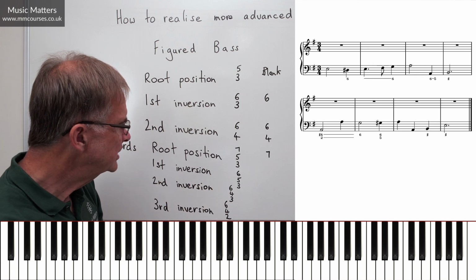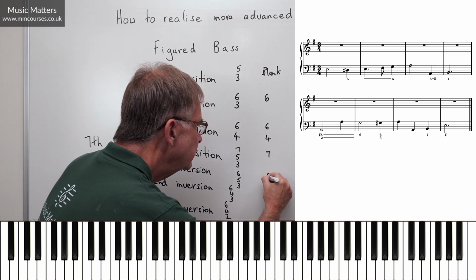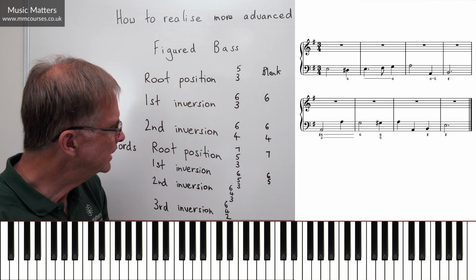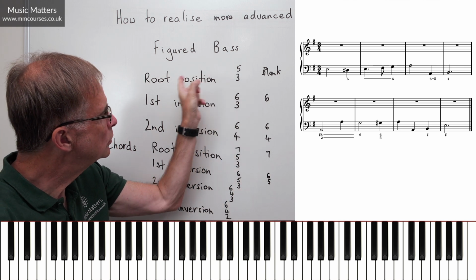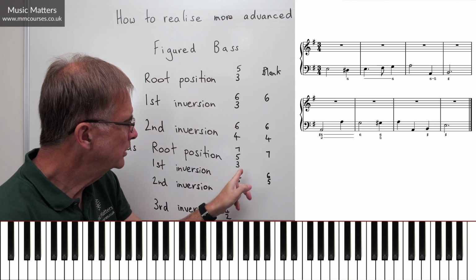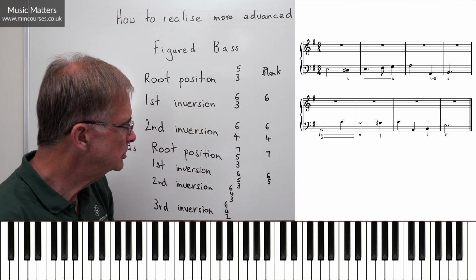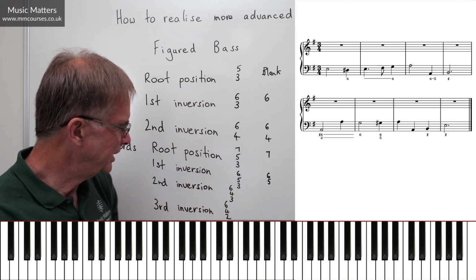First inversion is a 6-5-3, and that's going to abbreviate to 6-5. Well, what's the logic of that? We can't abbreviate to 5-3 because that means an ordinary chord in root position. We can't abbreviate to 6-3 because that's a diatonic chord in first inversion. 6-5 is the only abbreviation you can use. So there's a kind of logic in this.